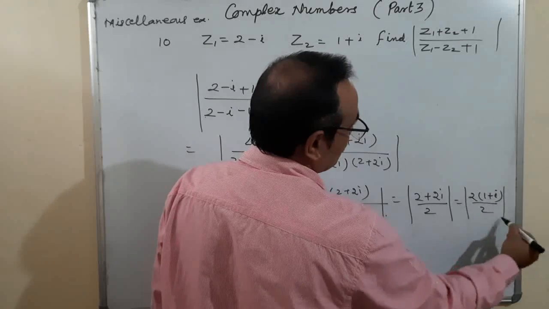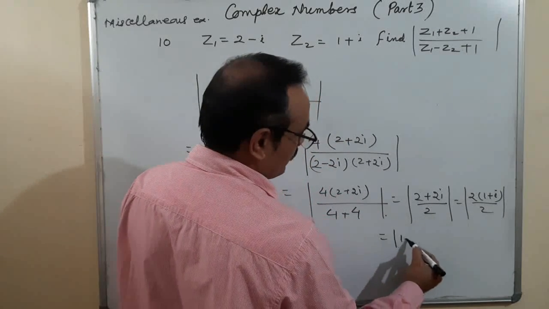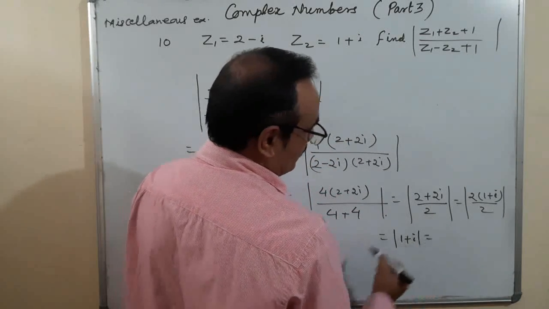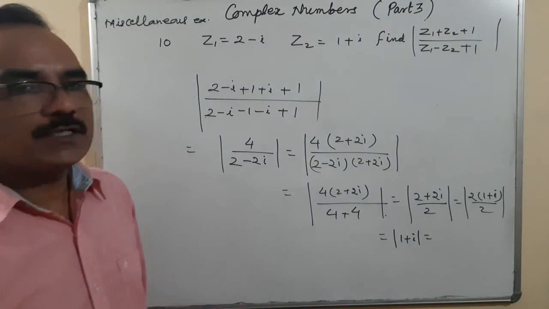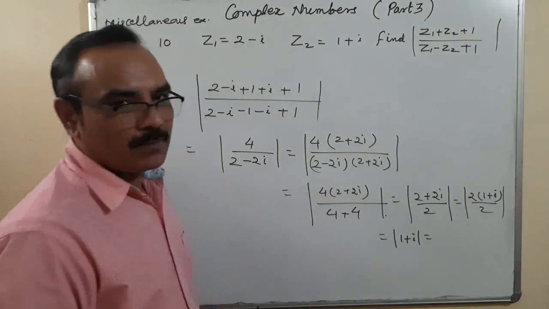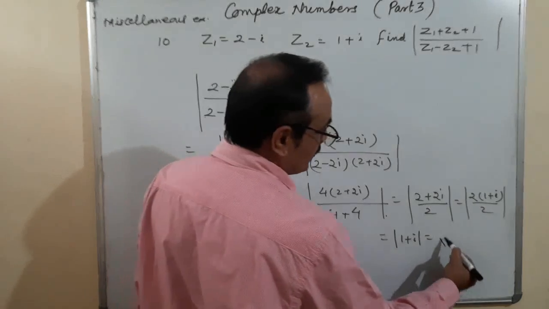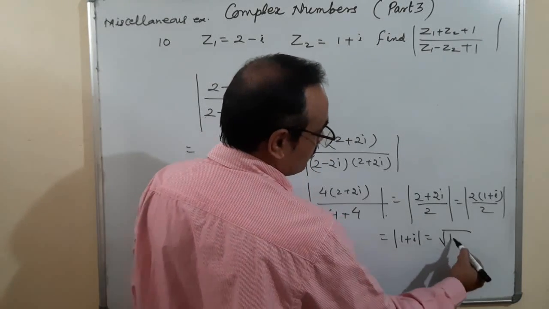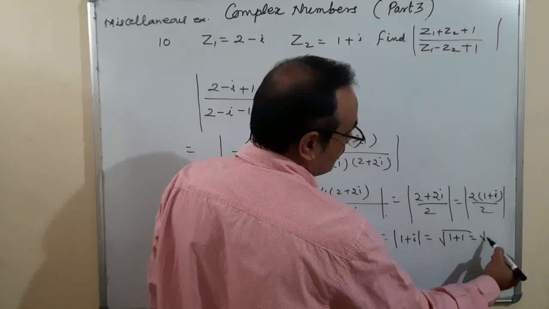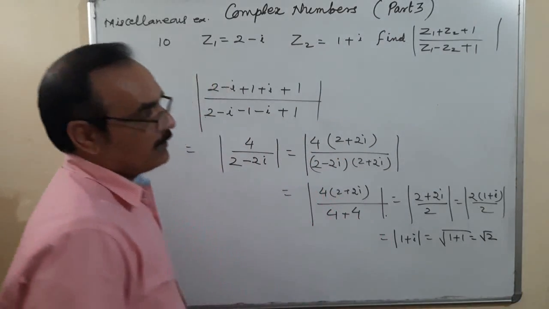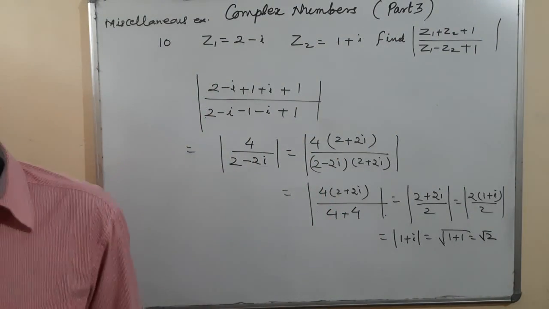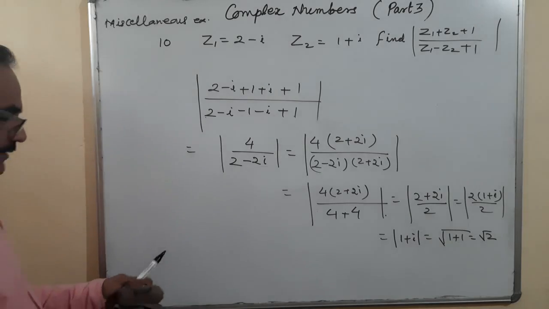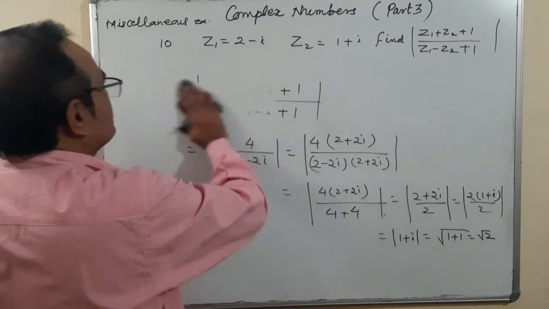The magnitude of 1 plus i is the square root of the square of the real part plus the square of the imaginary part, so under root 2. Nothing special in this question.